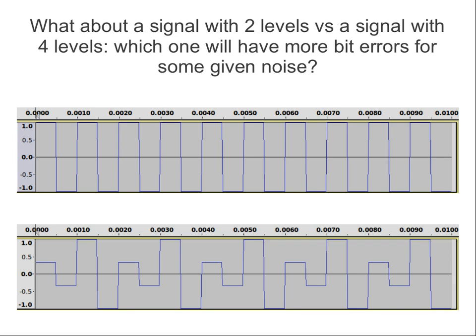I want to achieve a data rate of 16 kilobits per second. What do I do?